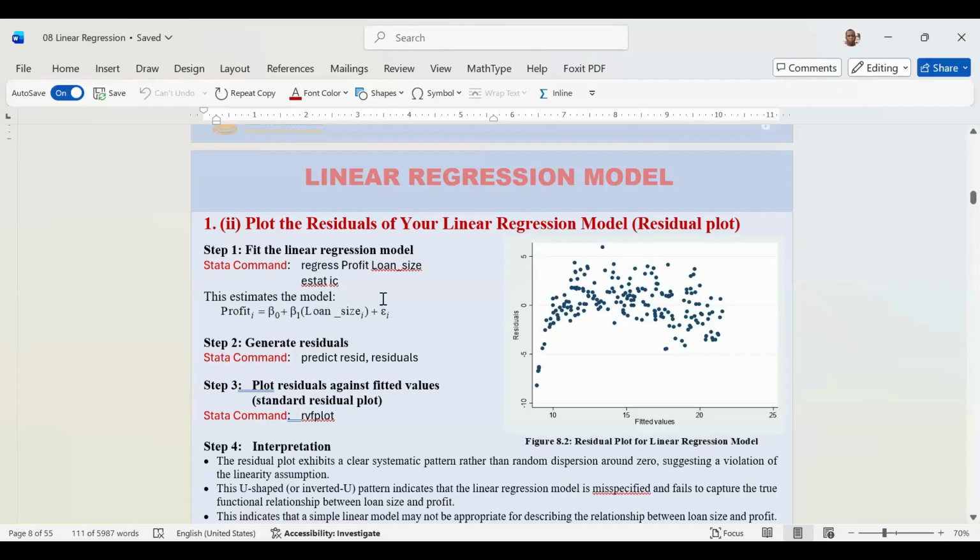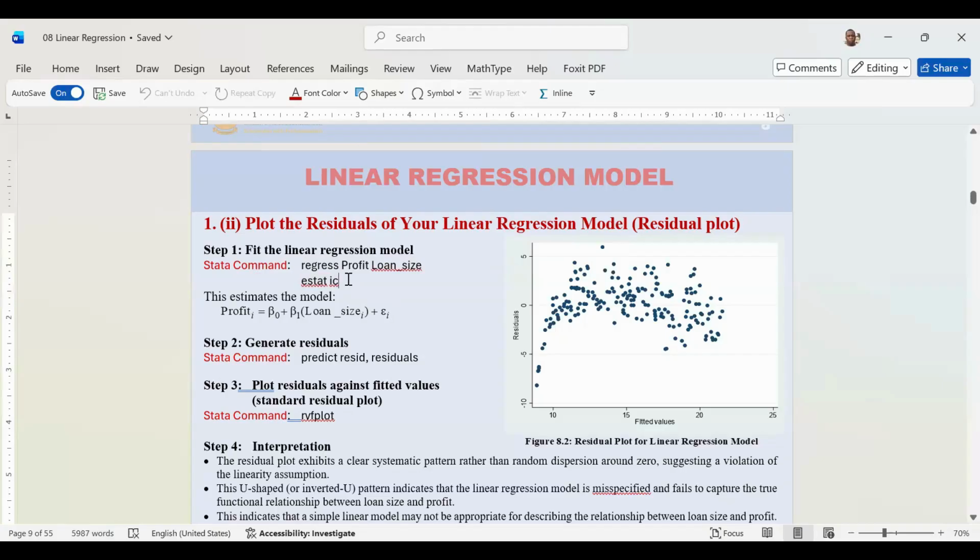Though we know that will not work, we'll still run the regression of profit on loan size. So copy these two. That is if you want the BIC and the AIC. We use the AIC and BIC to compare models.